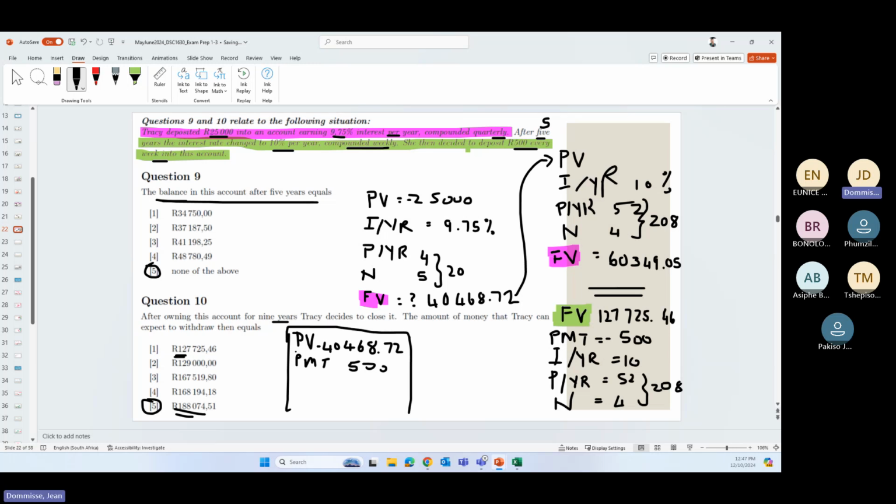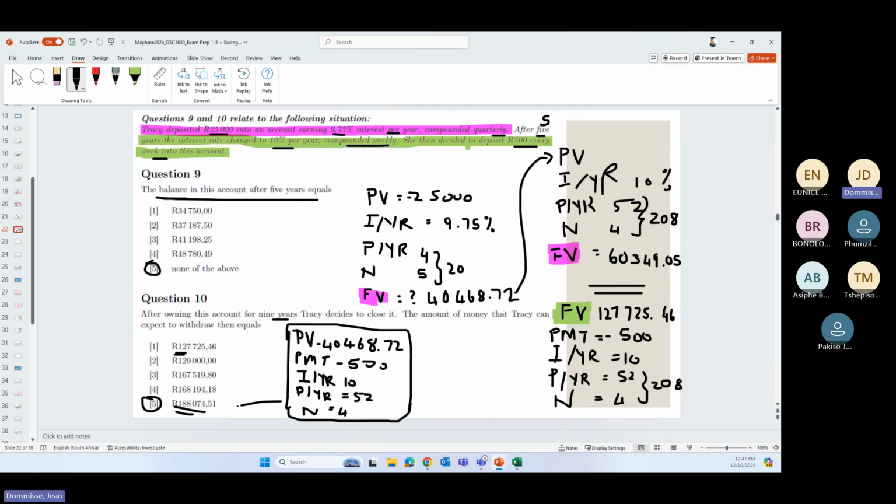Okay, so we could have done it in one as well, where we have that as the present value, PMT of 500, interest rate of 10%, times per year 52, for 4 years, and that answer will also give you that. So you could have split it up like I did, add the two, and you get that one.